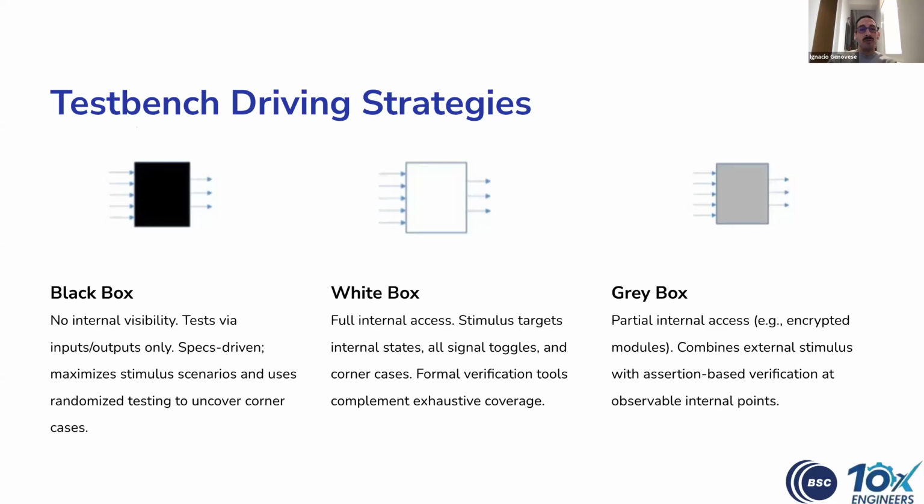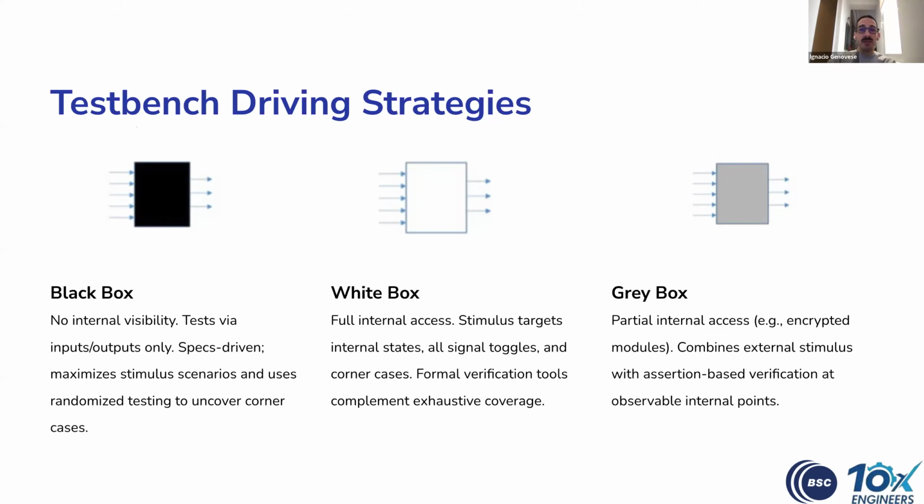Let's dig into how we drive stimulus into the design. And this depends on what we can see about the design. We have three main driving strategies for stimulating the design: black box strategies, white box strategies, or gray box strategies. In a black box strategy, we don't have internal visibility on the design that we are testing.